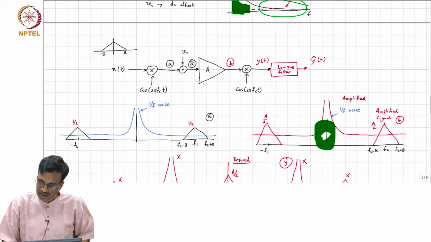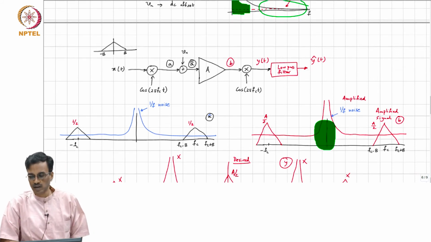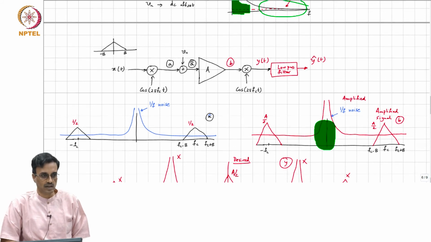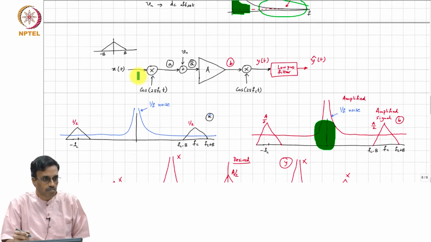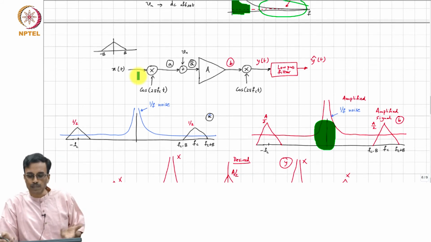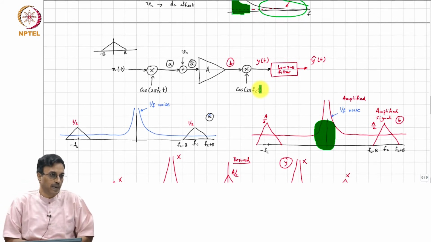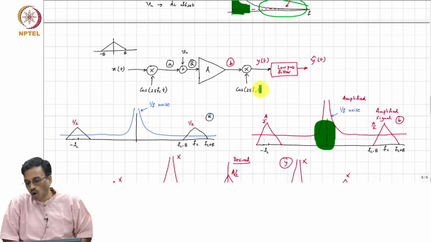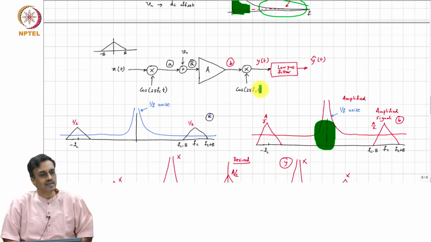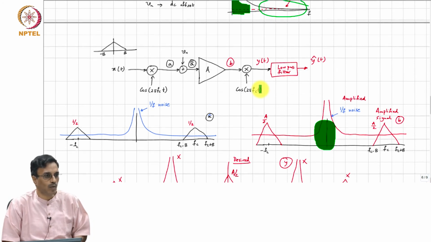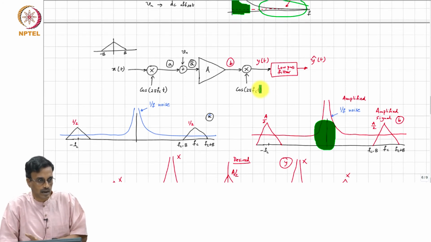But because this is an LPTV system at fc, we should in principle expect that all frequencies of the form f plus L times fc can potentially alias to our desired output.